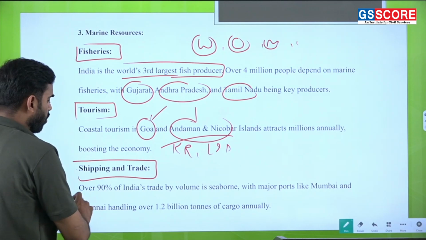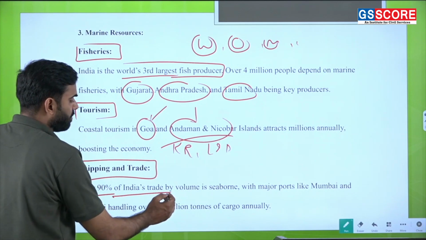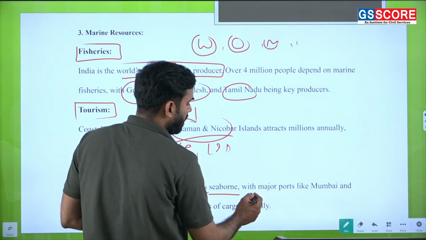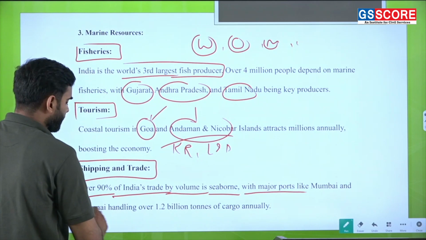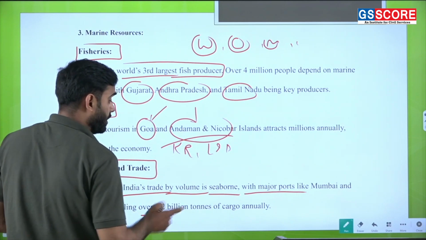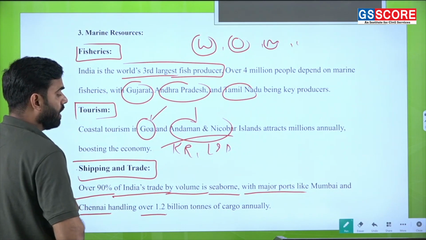Shipping and trade. Over 90% of India's trade by volume is seaborne, with major ports like Mumbai and Chennai handling over 1.2 billion tons of cargo annually.